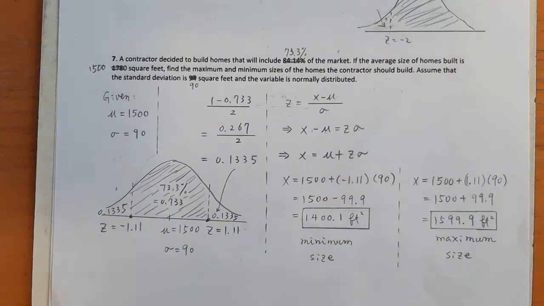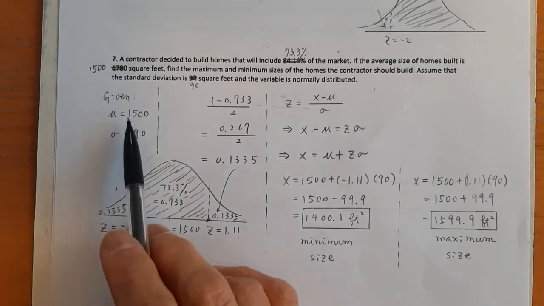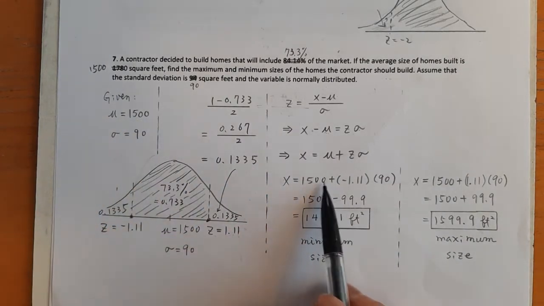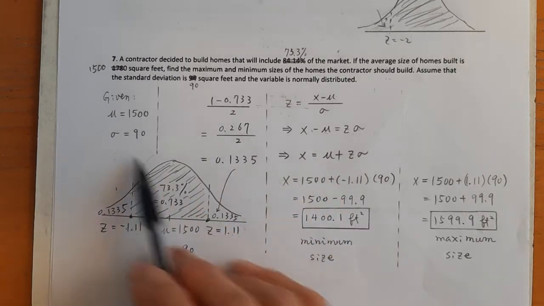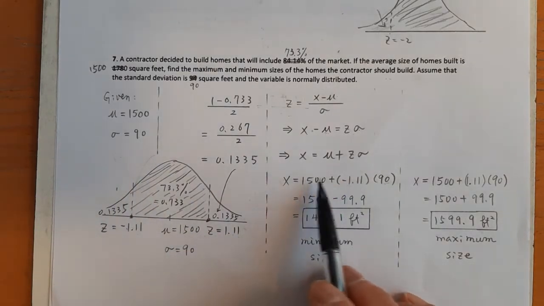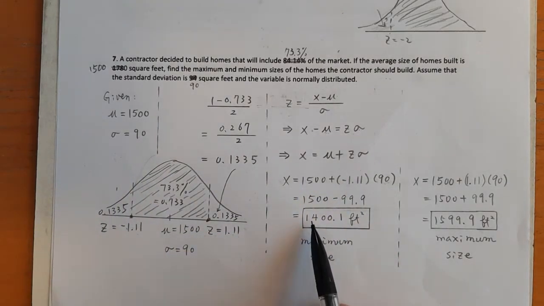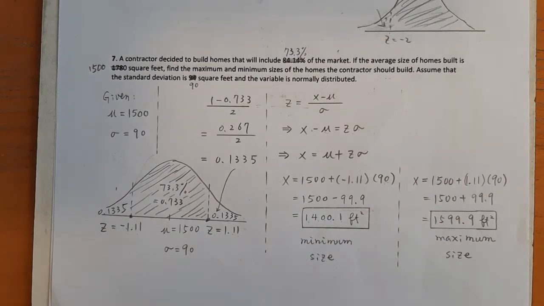Z-score is how many standard deviations, actually. Mean is 1,500. Plug in Z-score negative 1.11 times standard deviation 90, and add together, we get 1,400.1 square feet. This is the minimum size.